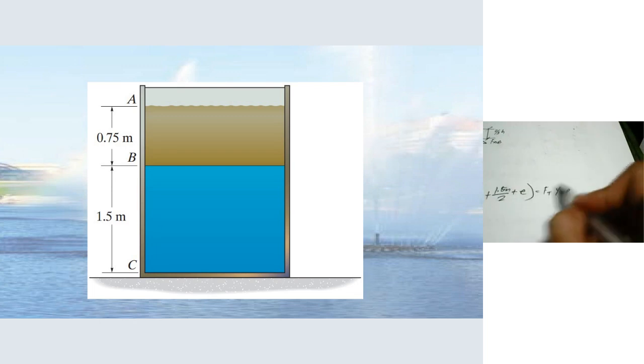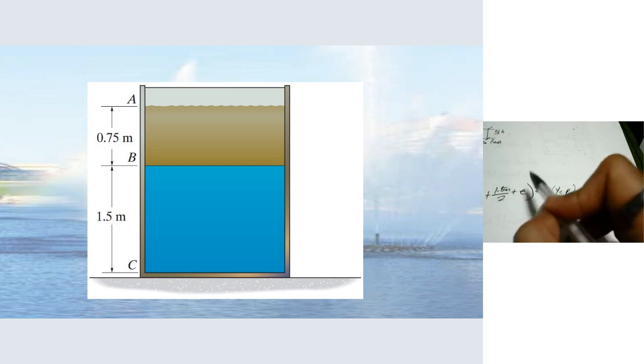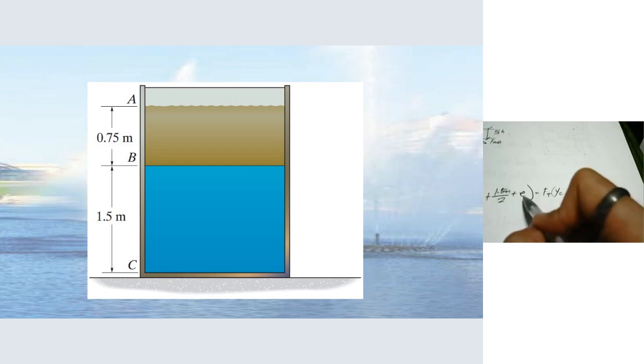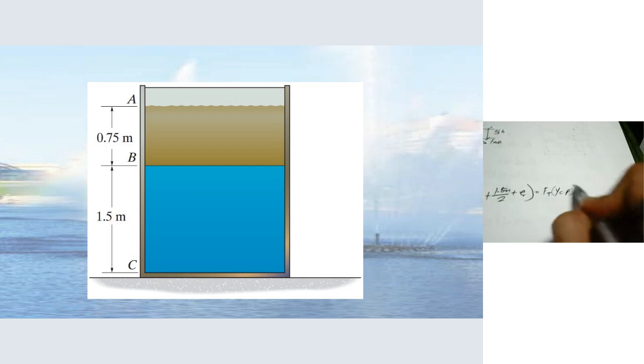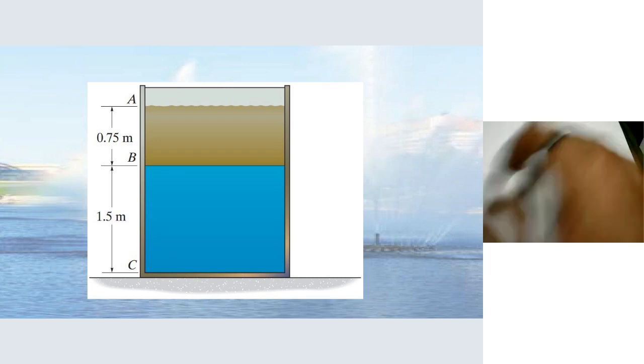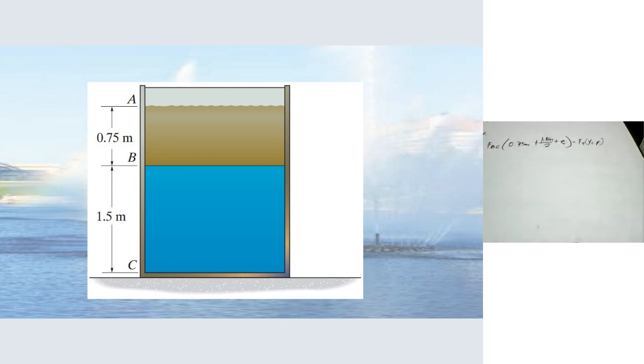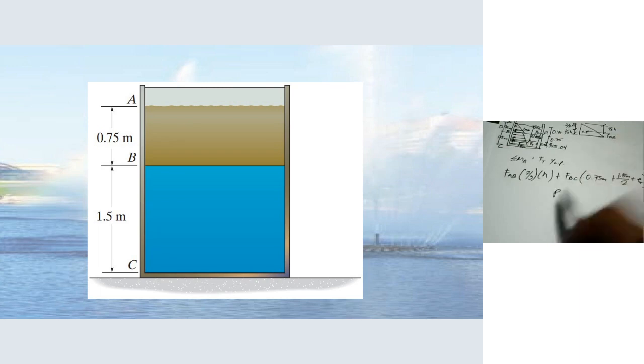Okay? Para makompute natin itong Y sub CP. Diba? Ito yung unknown natin. So, kailangan nating makompute si E bago natin makompute si unknown, no? Which is Y sub CP. So, for us to compute E, we can use this equation.